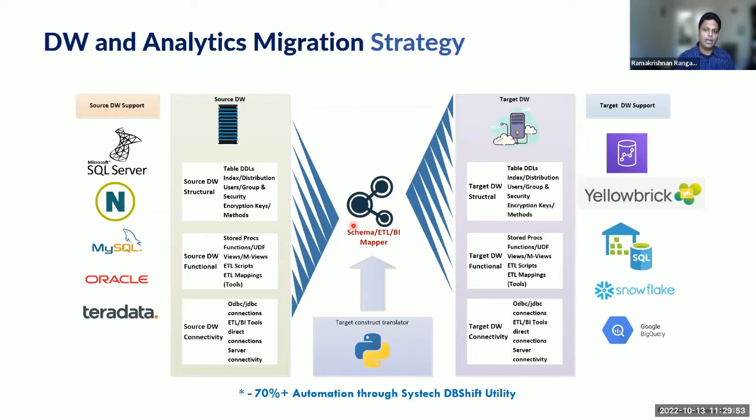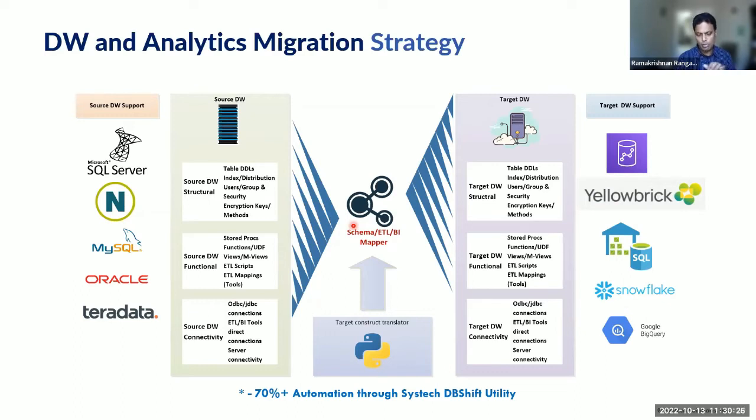It could be an ecosystem surrounding it using data manipulation using stored procedures or functions, user-defined functions, materialized views, and so on. Not only that, it also does a mapping of, let's say, if you want to migrate from Informatica Power Center-based workflows and mappings from Netezza to Yellowbrick, the way the Informatica connector works is different for these two environments.